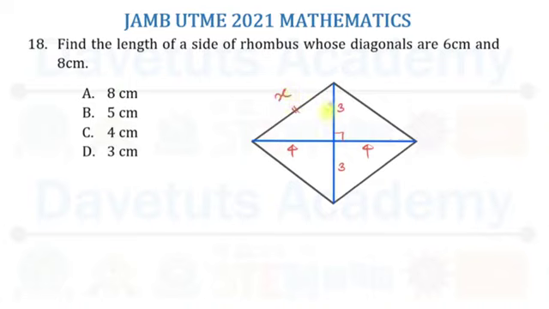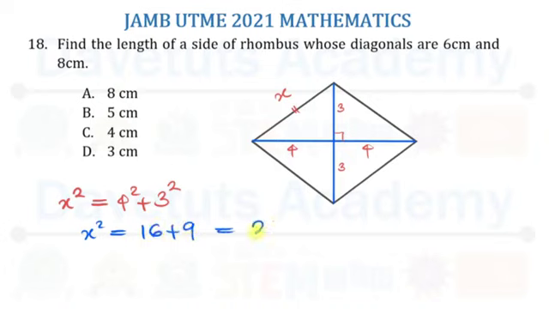Let's call it x. Looking at this, we can see that x forms a right angle triangle, so we can apply Pythagoras theorem. s squared will be 4 squared plus 3 squared. 4 squared is 16, 3 squared is 9, that will be 25, and x will be the square root of 25, which is 5 centimeters.